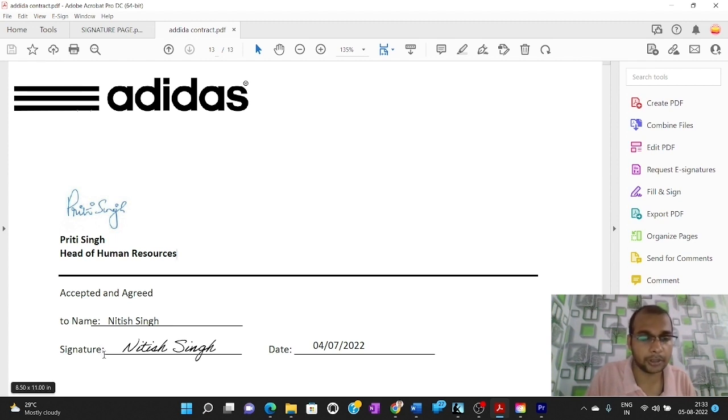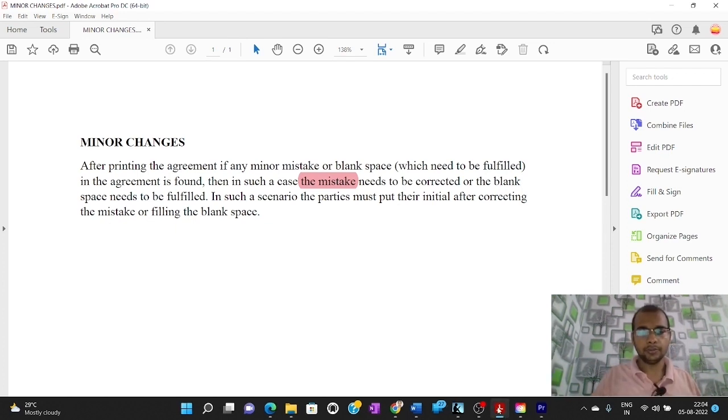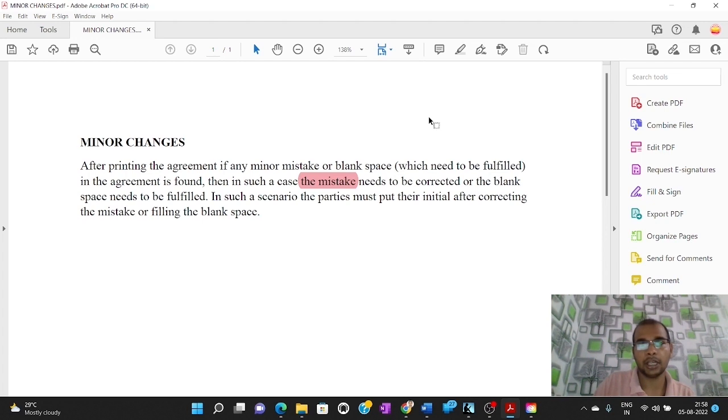Minor changes. After printing the agreement, if any minor mistake is detected by any of the parties, or a blank space needs to be filled, then the parties can correct that minor mistake or fill that blank space and put their signature next to the corresponding paragraph. So suppose in this paragraph there is a mistake here, the parties can correct that mistake with a pen and put their signature here.